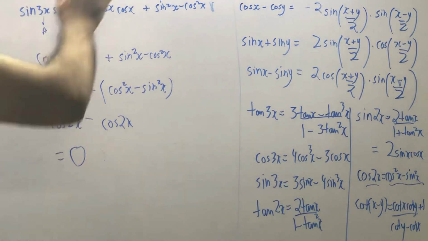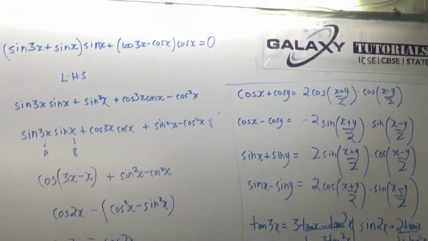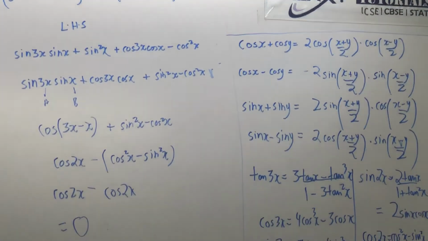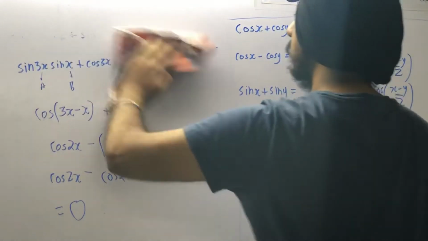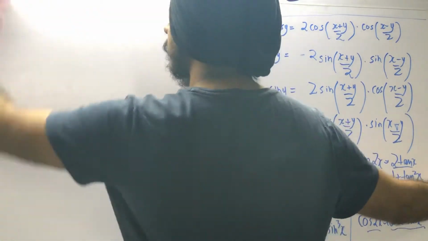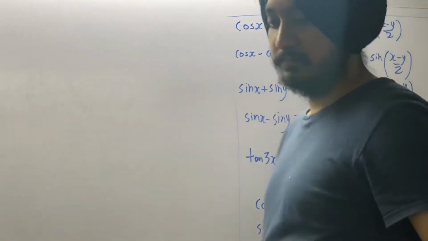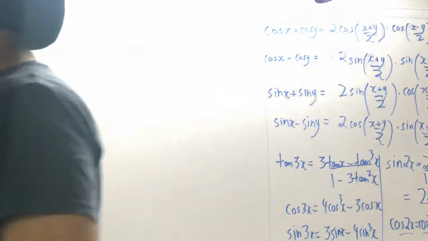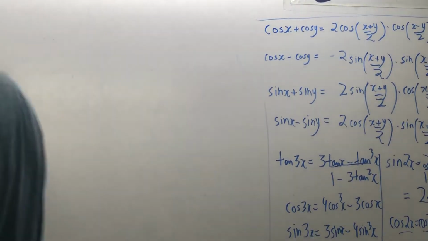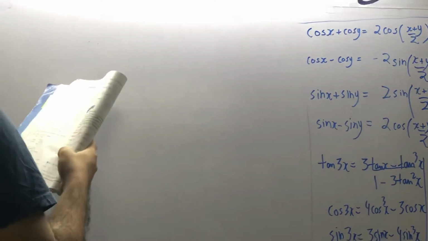So LHS is equal to RHS. Hence proved. Okay, so this is one more question. Let's do the next question.